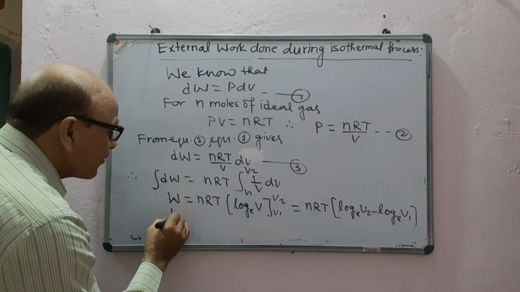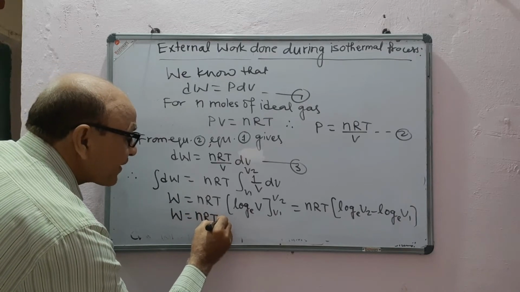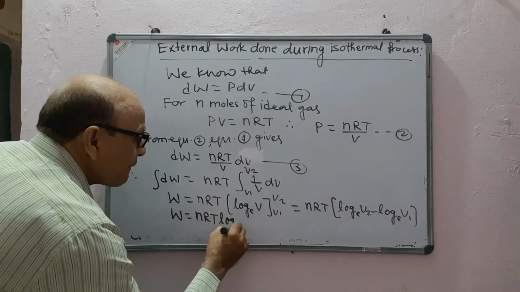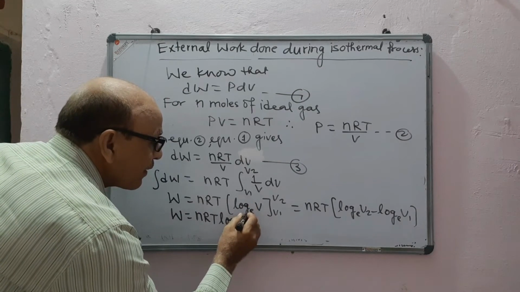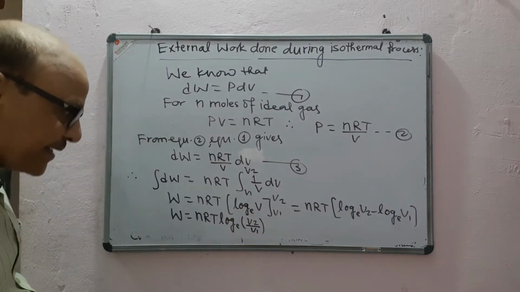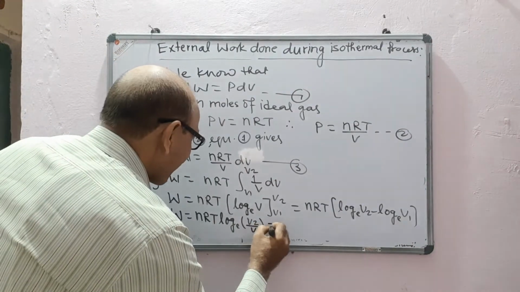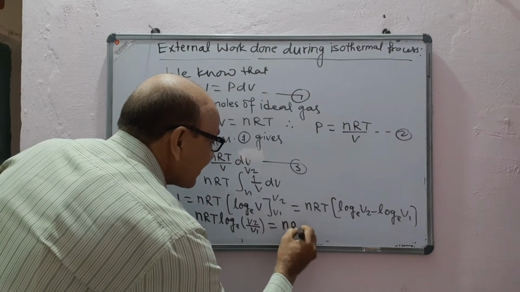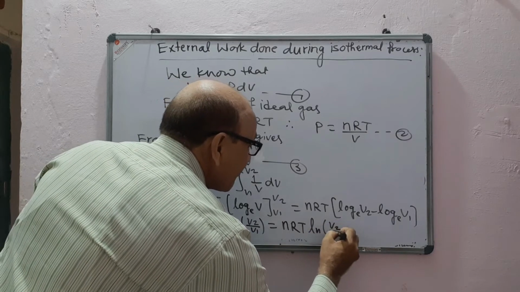So W will be equal to nRT log V2 upon V1, and you know log e is equivalent to ln. Therefore, you can say it as nRT ln V2 upon V1.